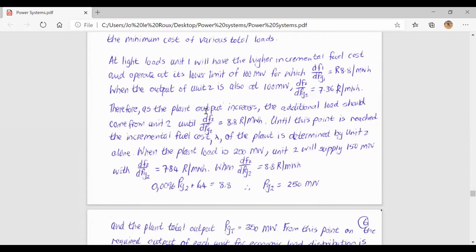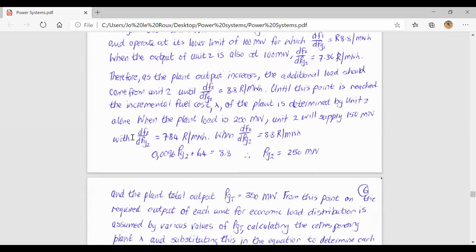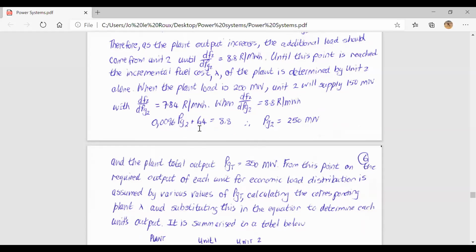So as the plant output increases, the additional load should come from unit 2 until DF2/DPG2 is 8.8. Until this point is reached, the incremental fuel cost lambda of the plant is determined by unit 2 alone. So when the plant is at 250 megawatt, unit 2 will supply 150. So with that, DF1 is 8.8 and DF2 is 7.84, so there we've got those equations.